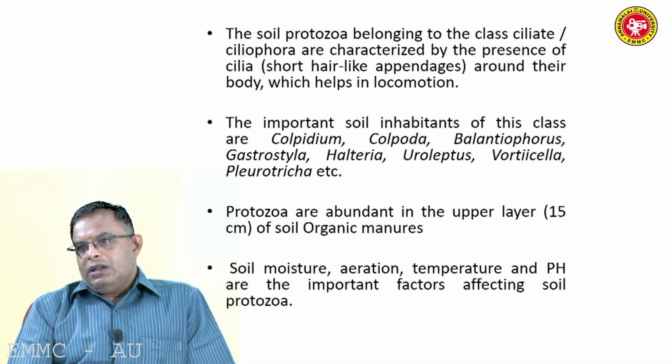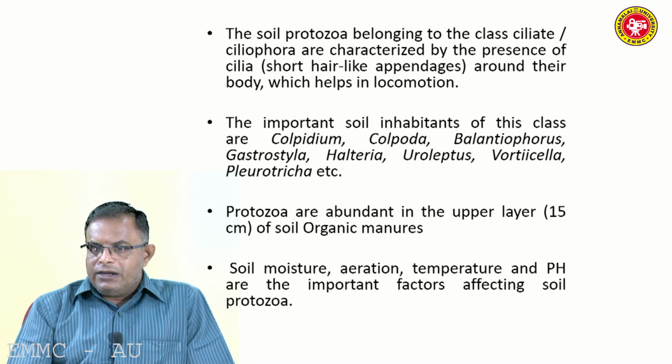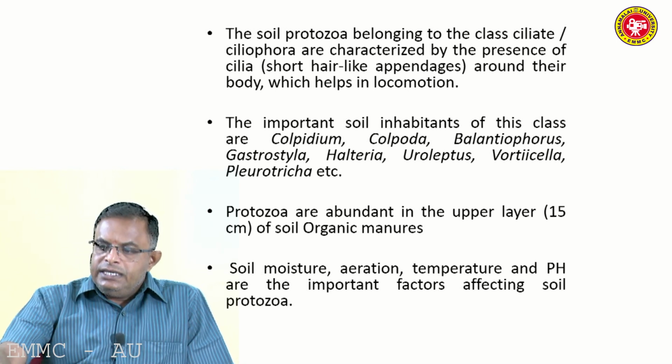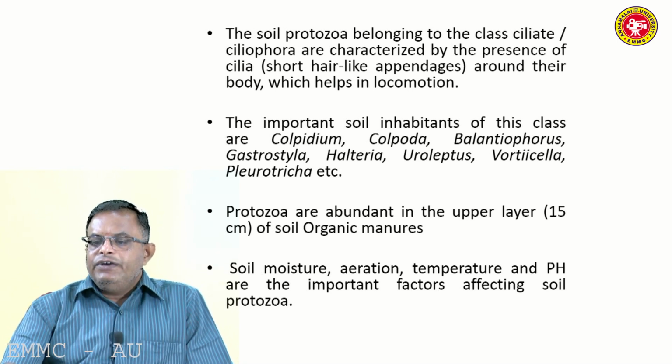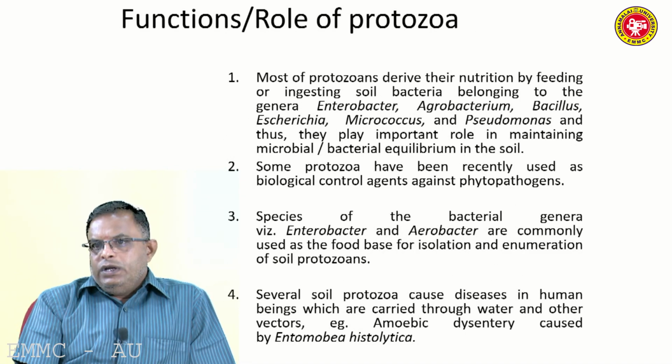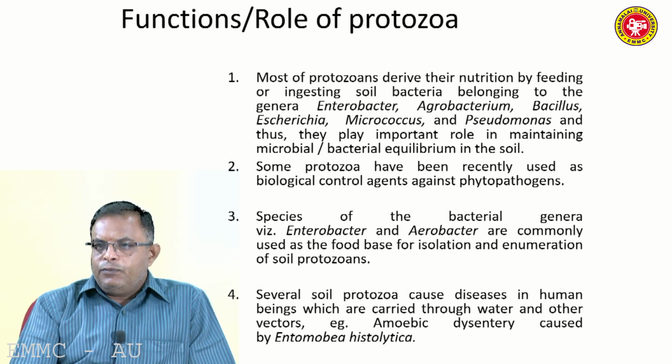Protozoa are abundant in the upper layer of soil and organic manures. Soil moisture, aeration, temperature and pH are the factors which affect soil protozoa. And what is the role of protozoa?